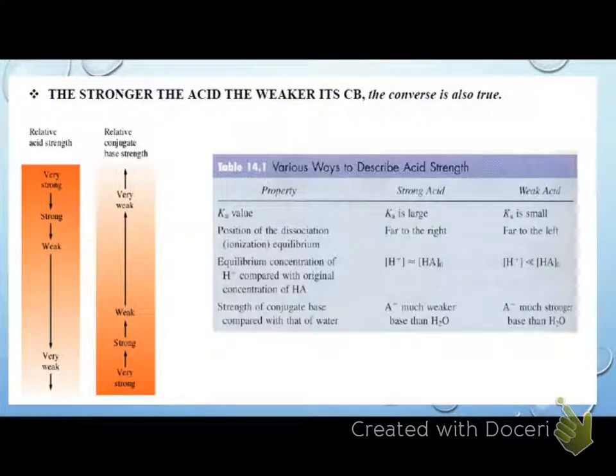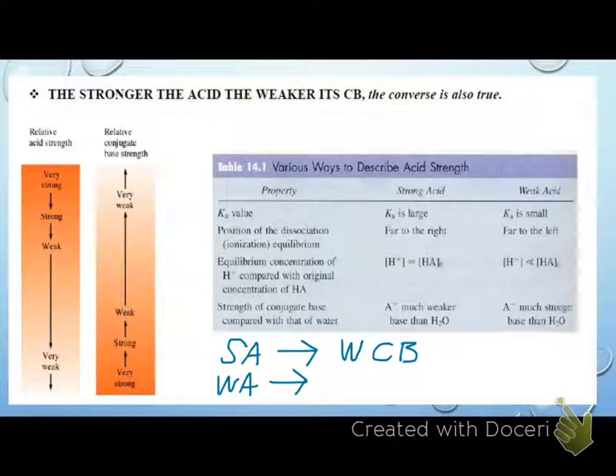So here is the stronger the acid, the weaker the conjugate base, and vice versa. This is going to be an important concept, so you might even want to jot this down. A strong acid is going to give you a weak conjugate base. A weak acid will give you a strong conjugate base, and vice versa.